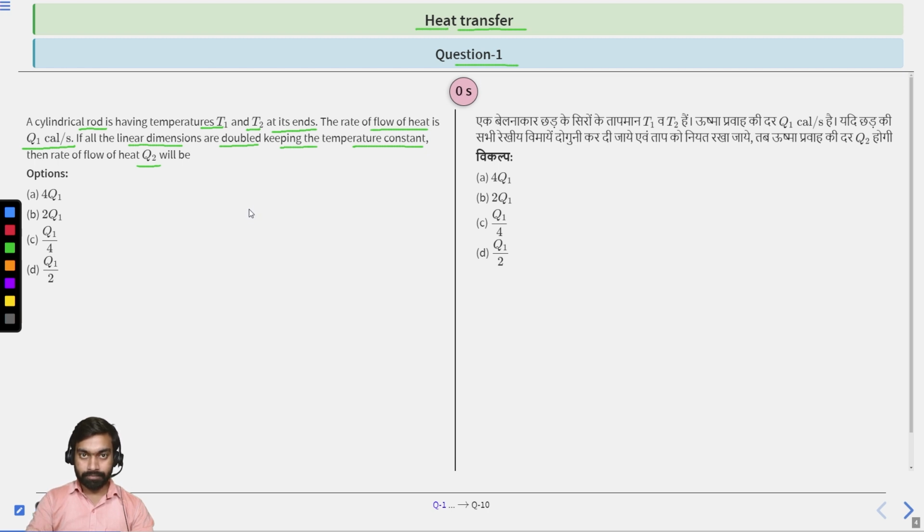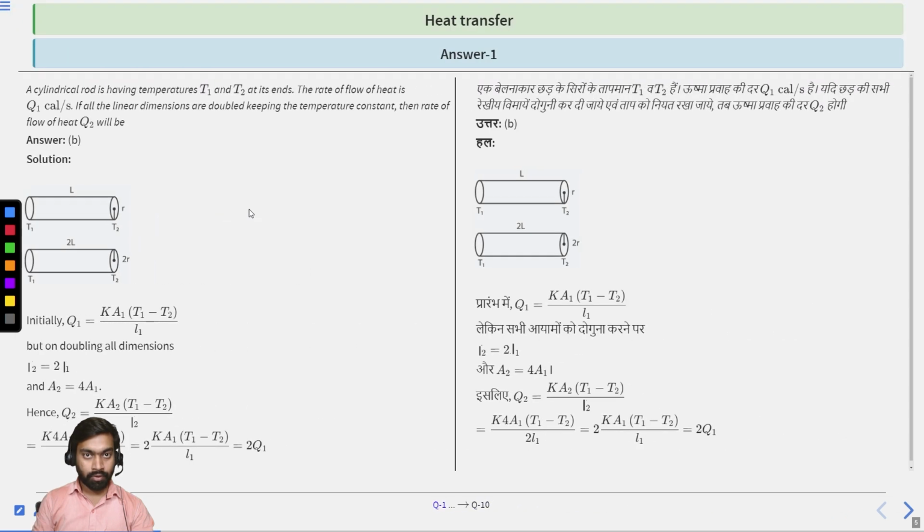Let's find a solution. So according to the question, the dimensions are doubled. Suppose this rod has length L; when increasing the dimensions, the length becomes 2L.